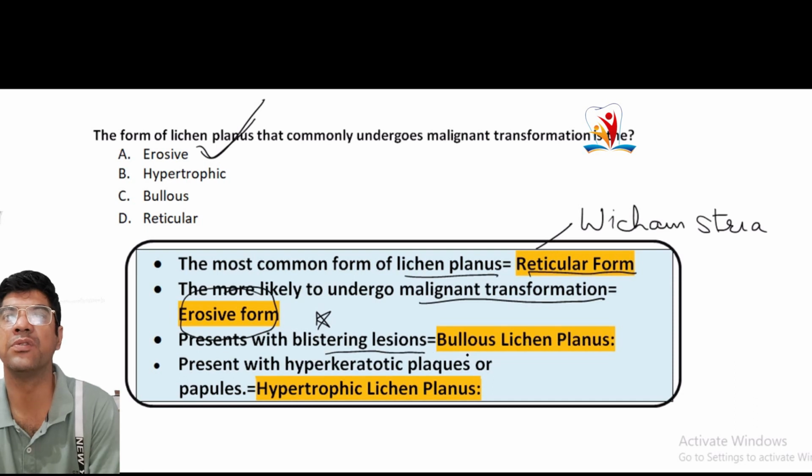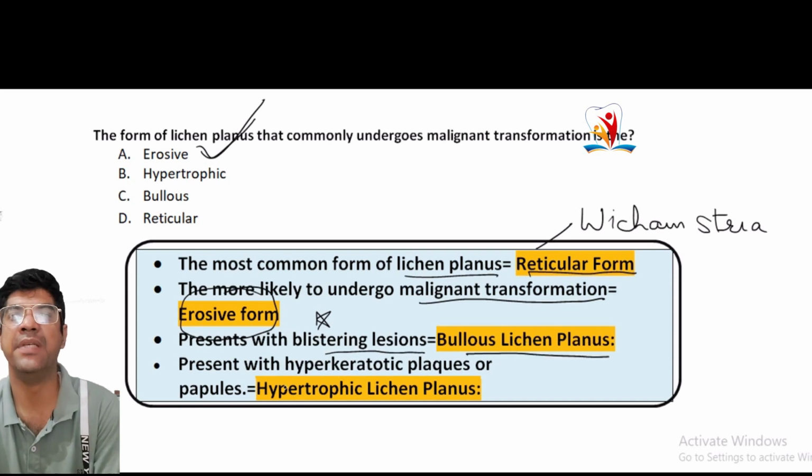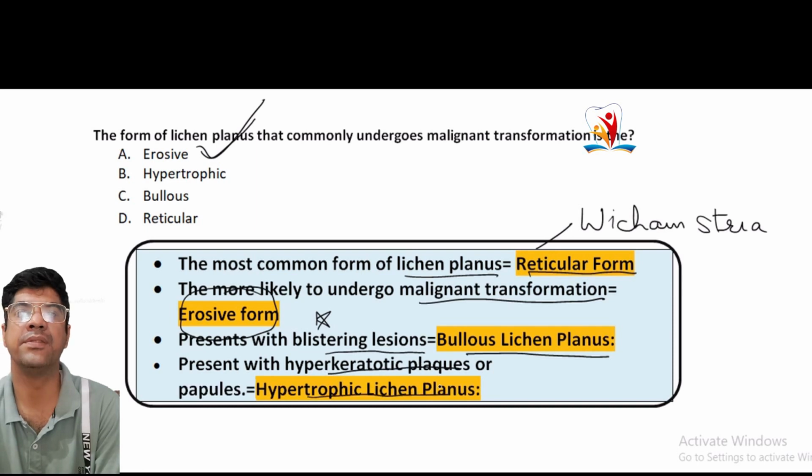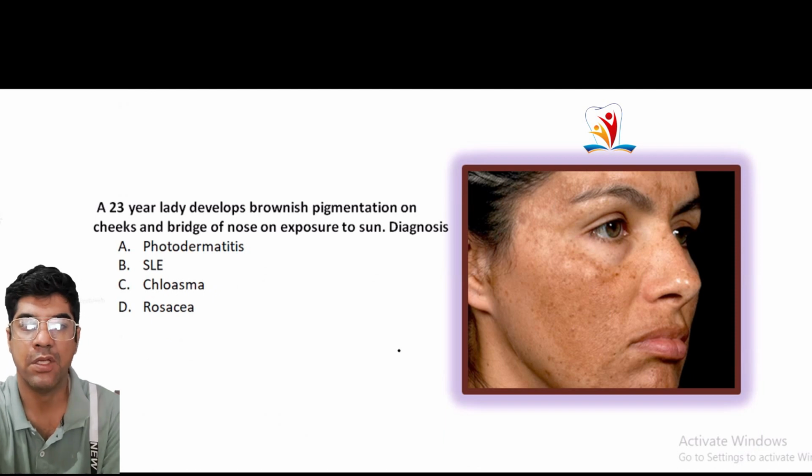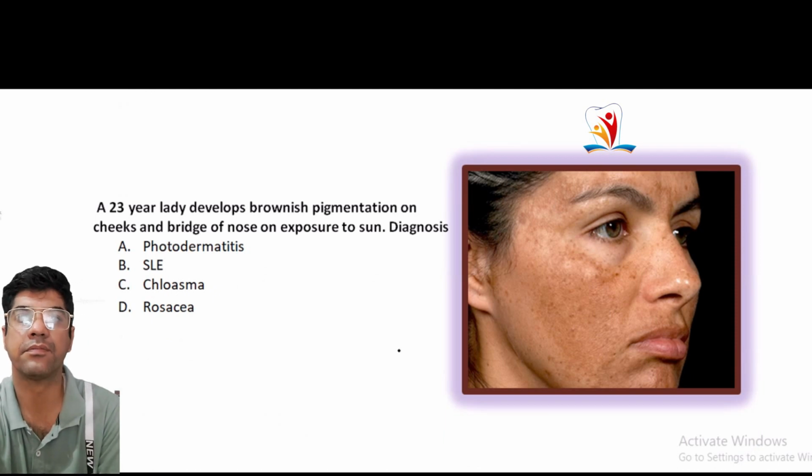So the answer is erosive type. One that presents with a blistering lesion is bullous lichen planus, and one that presents with a hyperkeratotic plaque is hypertrophic lichen planus. So remember all these.